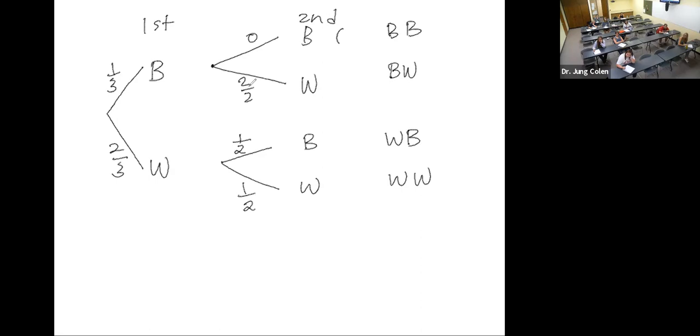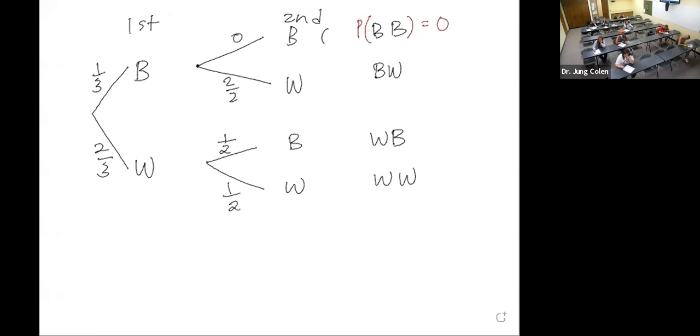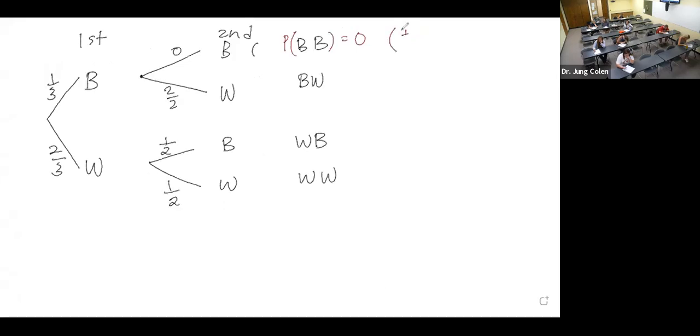No, there is no more black. So automatically we can think, oh, that's not possible. It's impossible. It will be 0. We can also calculate that. 1/3 times 0 is 0, right? So the probability to get black and black is 0. I strongly encourage you to use your number sense to check.